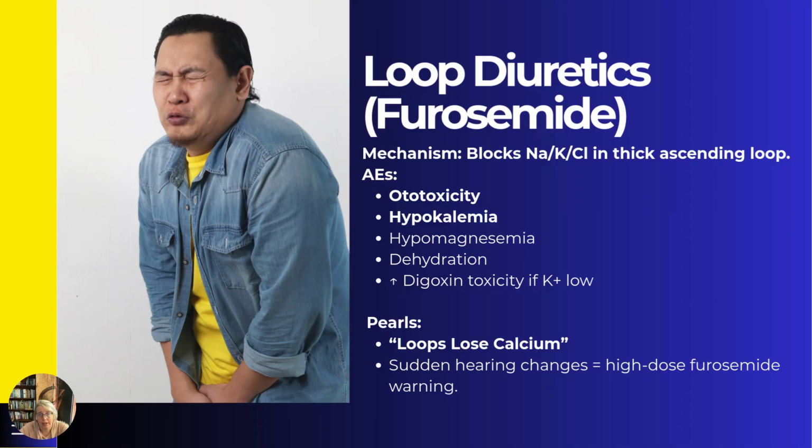Oftentimes with the loop diuretics, they will add an additional potassium-sparing drug with it to try to keep the potassium in. So spironolactone is used as an aldosterone receptor antagonist. That we usually use for PCOS and hirsutism, because it actually acts not just on the mineralocorticoids but on the glucocorticoids and androgens.